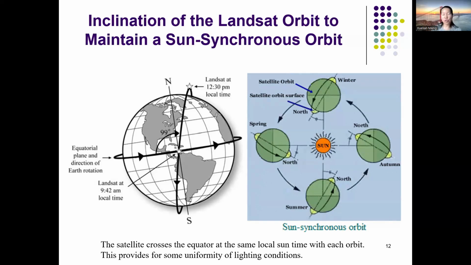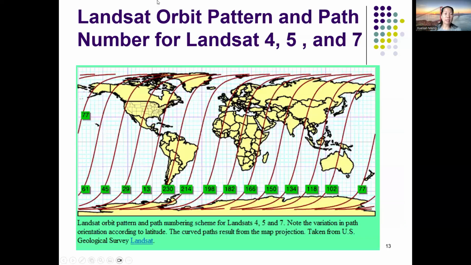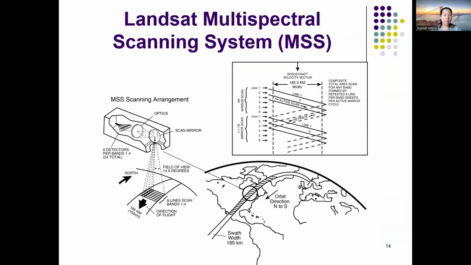So you don't have to worry too much about the calibration to minimize the sunlight illumination differences in different images. So the satellite orbits the Earth in this kind of motion. Meanwhile, the Earth is rotating along these directions. So if you look at this track of the Landsat data, it will look like this.